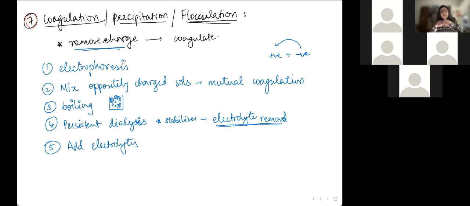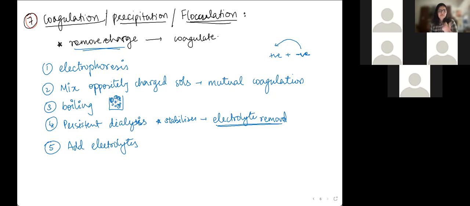Electrophoresis, you're separating the charged dispersed particles out, literally by attracting them using electricity. Mixing oppositely charged sols is mutual coagulation. Positive, negative, both are charged particles coming together. Neutralization happens, and if there is no charge, there is no colloid. Boiling, you're increasing the temperature so much that whatever charge is adsorbed over the colloid particles gets separated out.